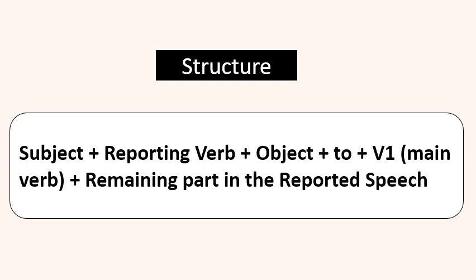Remember one thing: to change the pronoun and time denoting words in reported speech. And also remember, you can use not to when the reported speech is in negative form, or forbid also in case of reporting verb. If you remember this structure, you won't find any difficulty to convert an imperative sentence from direct to indirect speech.